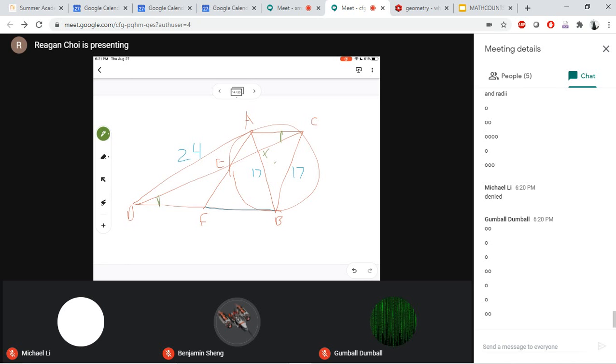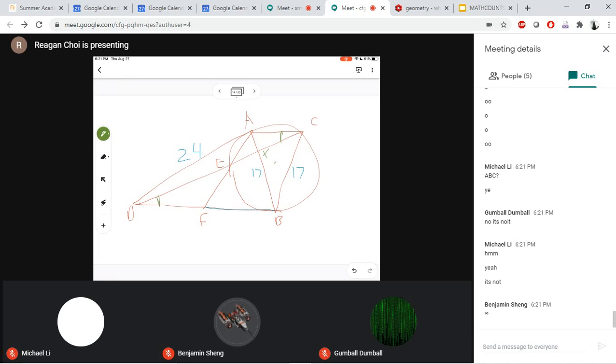Might as well not. Yeah, so ABC, you mean like the angle? Is it equal? I'm not sure if it is equal. Why would it be equal? It might seem equal, but I'm not sure if it actually is.